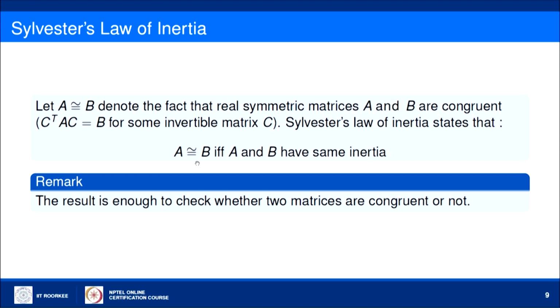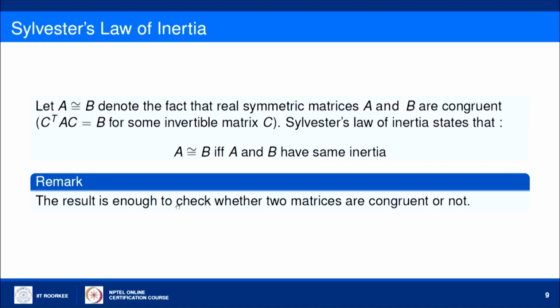This means you can always find a non-singular matrix C such that C transpose A C equals B if and only if the number of positive, negative and zero eigenvalues of A and B are the same. So, this result is enough to check whether two matrices are congruent or not.